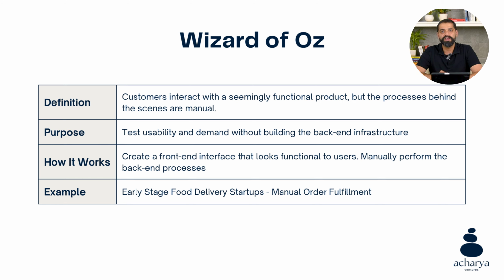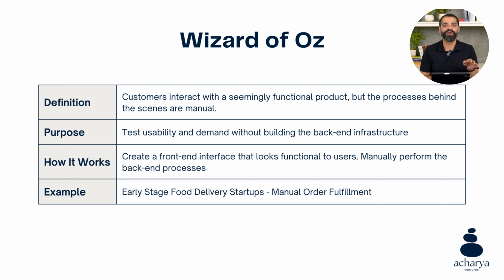The difference between a Wizard of Oz, which is our next category of MVPs, and the concierge is that in the Wizard of Oz, the user is actually not aware that the backend is being done manually. A lot of early stage food delivery apps did this.